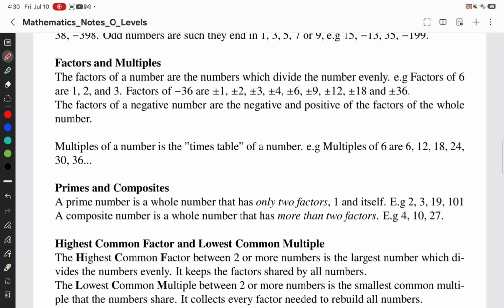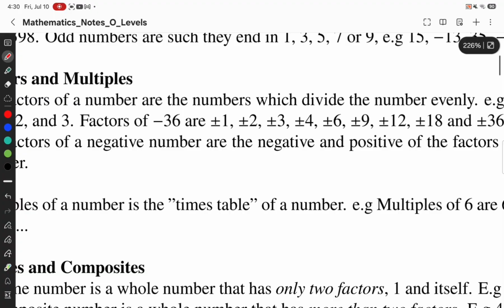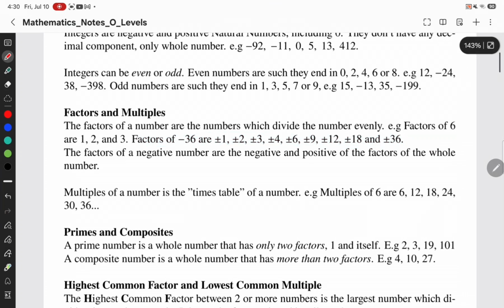Normally, you would just list the positive factors because you'll be asked about positive numbers. But later in the syllabus, when we are doing factorization of quadratics, I will revise negative factors. For now you just need to know what positive factors are.